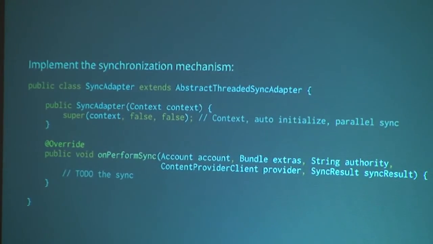It's some data provided by the system to understand, for instance, if it's a synchronization from scratch or a diff synchronization. You can put your own info here, and the system is also going to put some info for you, like if it's an upload-only sync, a manual sync, etc.